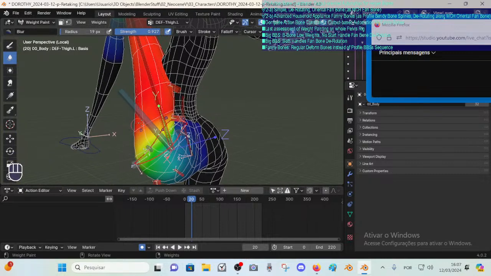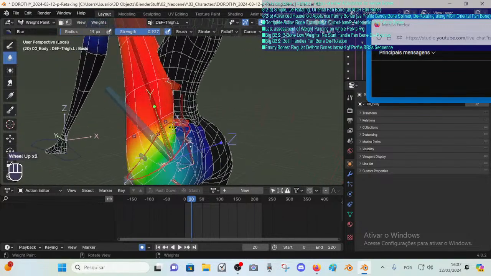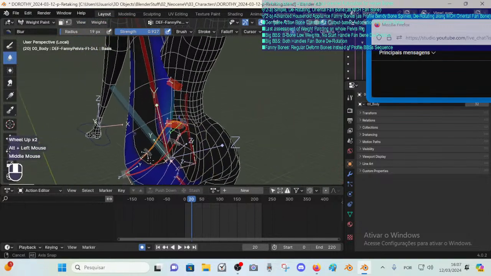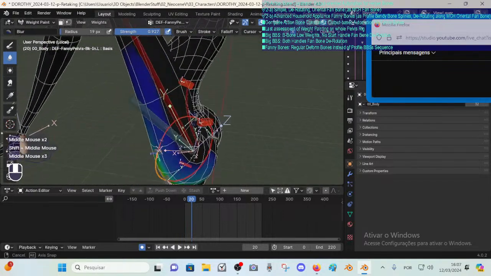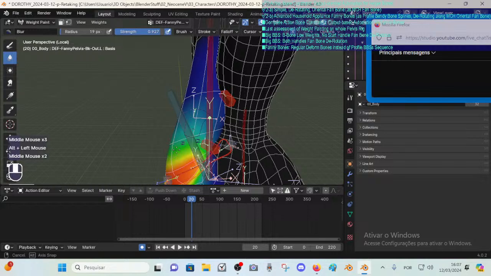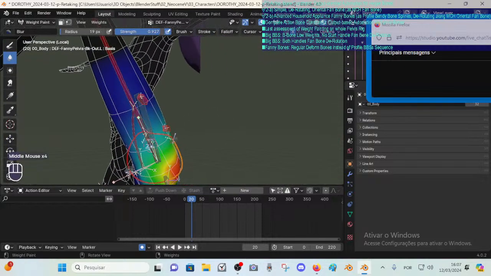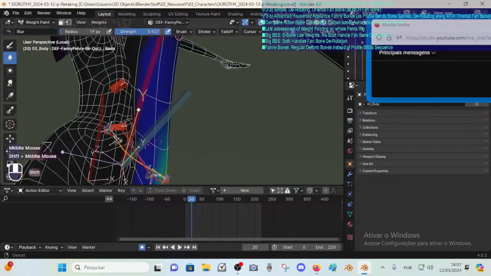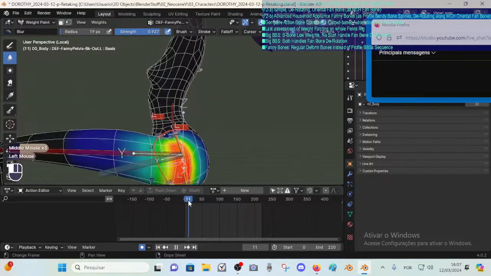I have to repaint and retransfer a part of the, okay, I have an idea. I didn't want to repaint this. You see how they are focused only on their area, but I need to expand this to the lower thigh around here. It's too low here, that's why we have probably some bad weights there.